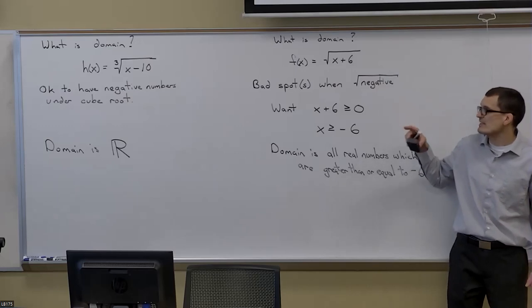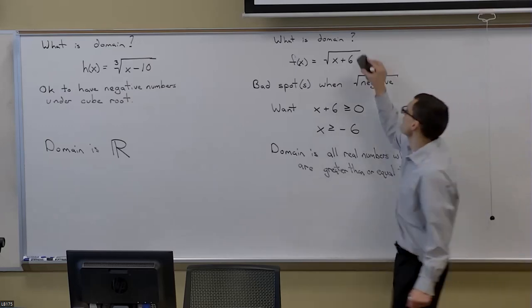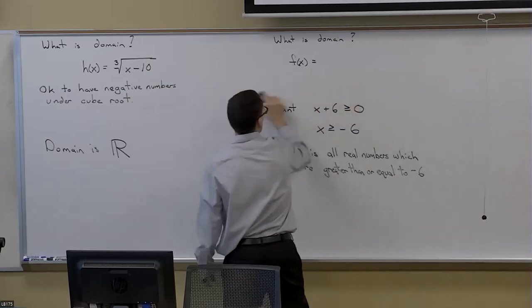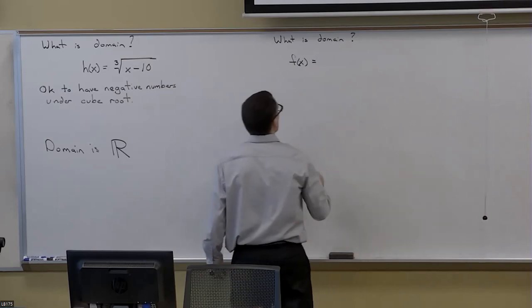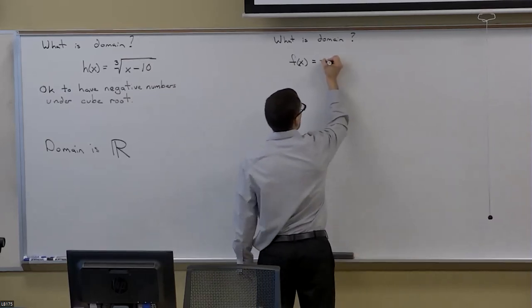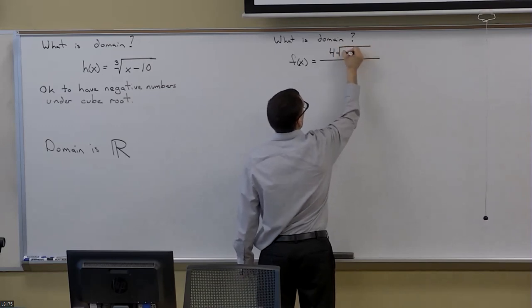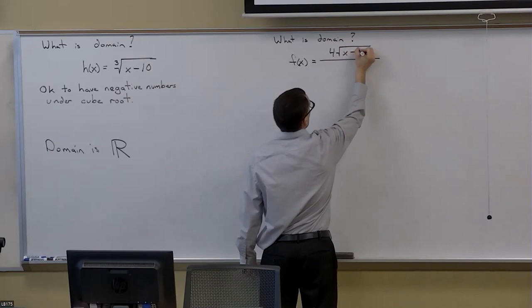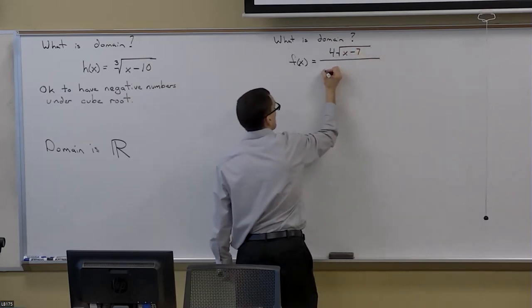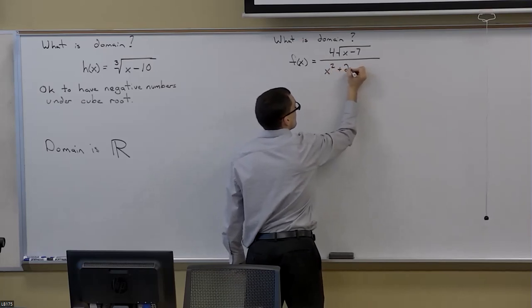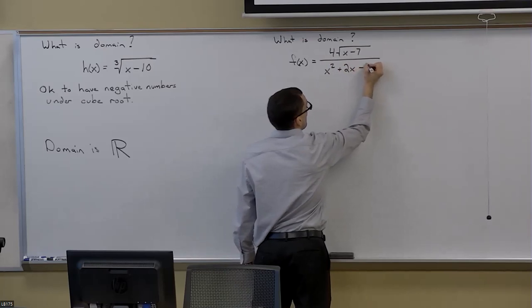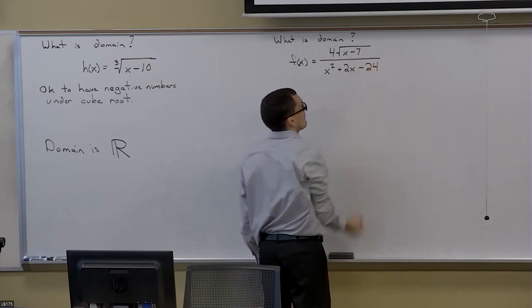And obviously things can get more and more complicated. For instance, let's do the domain. F of x is equal to 4 times the square root of x minus 7 divided by x squared plus 2x minus 24.